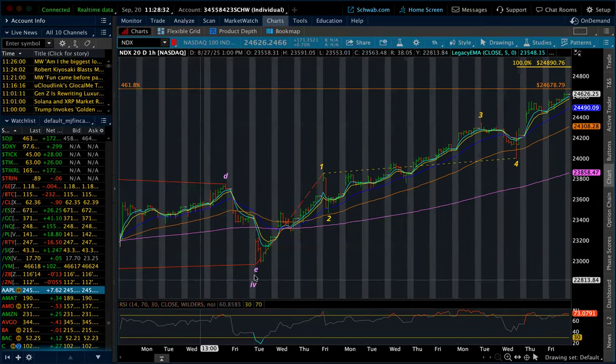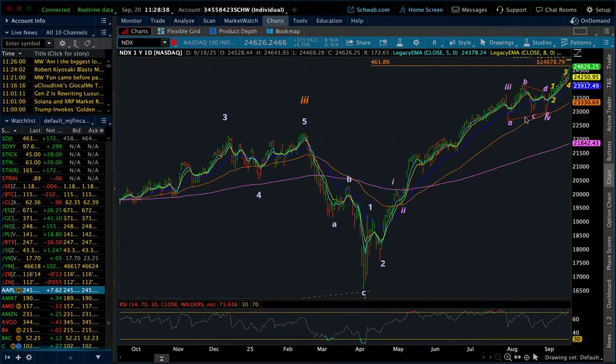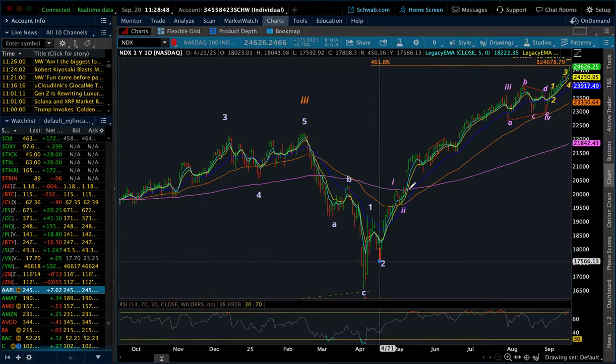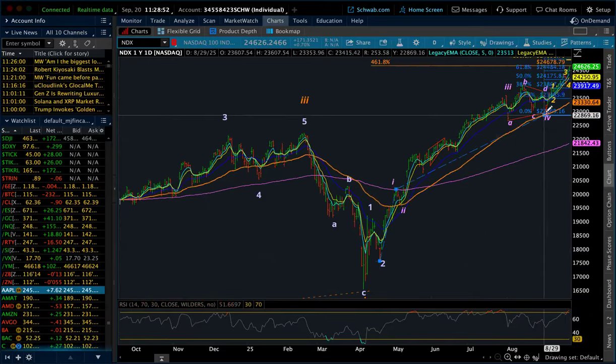Now, I don't have that, so I need to put those back up to see how we are going to come in there. So let me just do this. And we're going to add there to wave 1 and then up to wave 4. I'll go quickly.